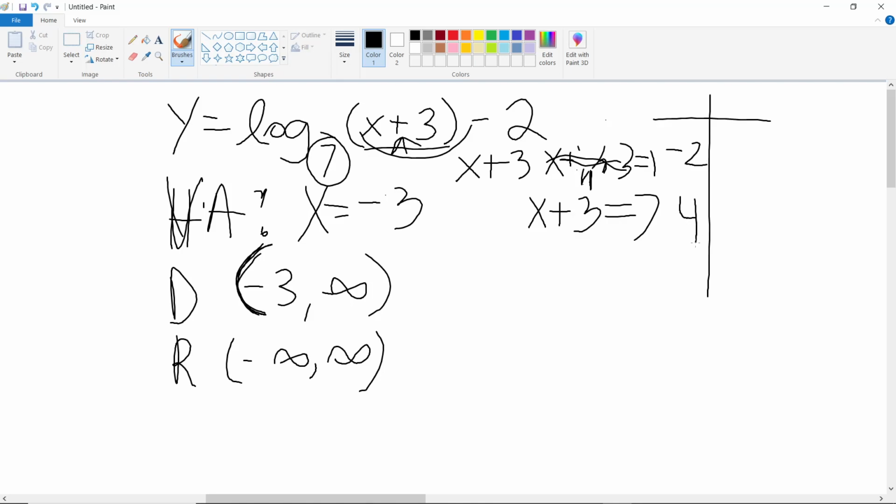And then plug those into the equation and see what the y value is. Negative 2 plus 3 is 1. Log base 7 of 1 is 0. 0 minus 2 is minus 2. 4 plus 3 is 7. Log base 7 of 7 is 1. 1 minus 2 is minus 1. Now I've got enough to graph this. I know the vertical asymptote is x is negative 3.